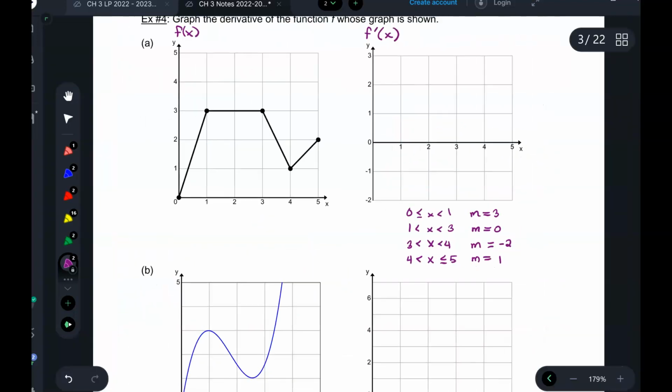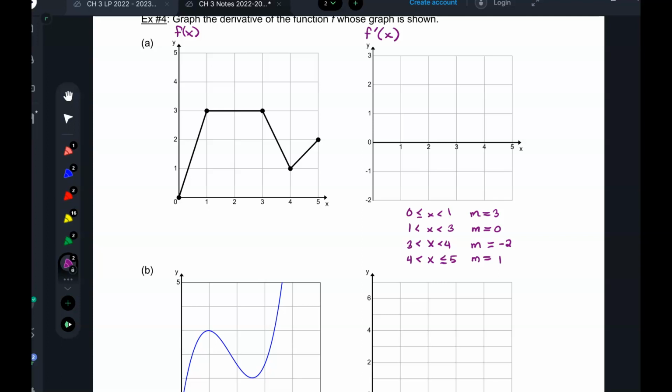There's a reason I included the endpoints and not the interior points. This is my original function, right? So right here at 1, does it have the same slope from the left and the right? No. So that means it doesn't technically have a slope right there at 1, right? Same thing here. Does it have the same left and right slope?